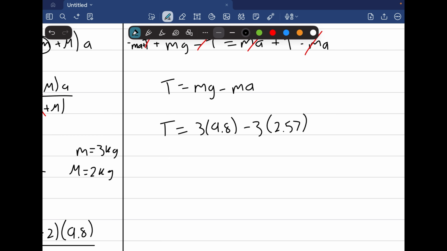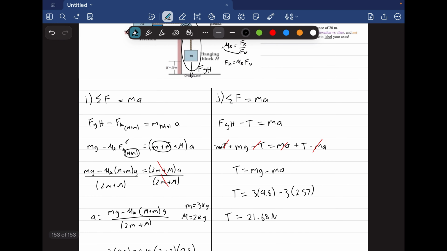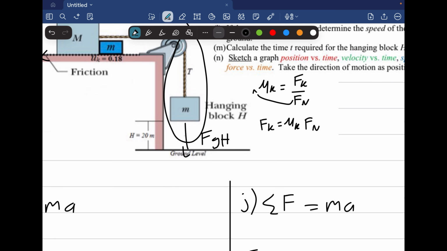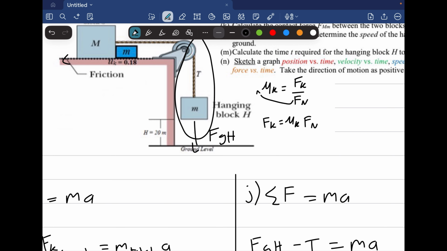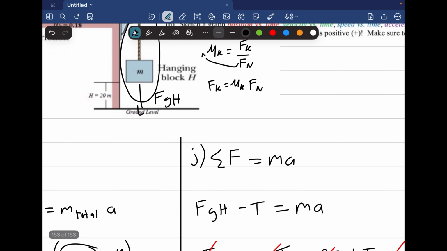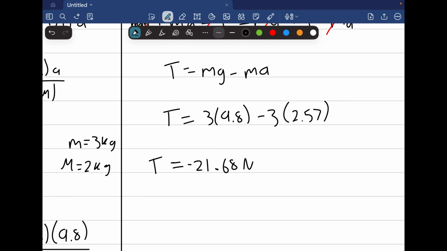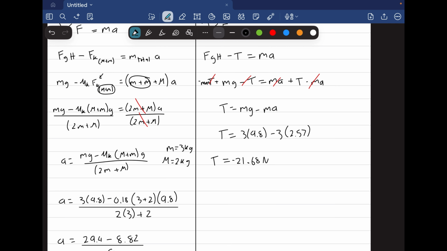So your answer would be 21.68 Newtons. But since we're taking the line of motion to be positive, T is the opposing force, so it's negative 21.68 Newtons. Okay.